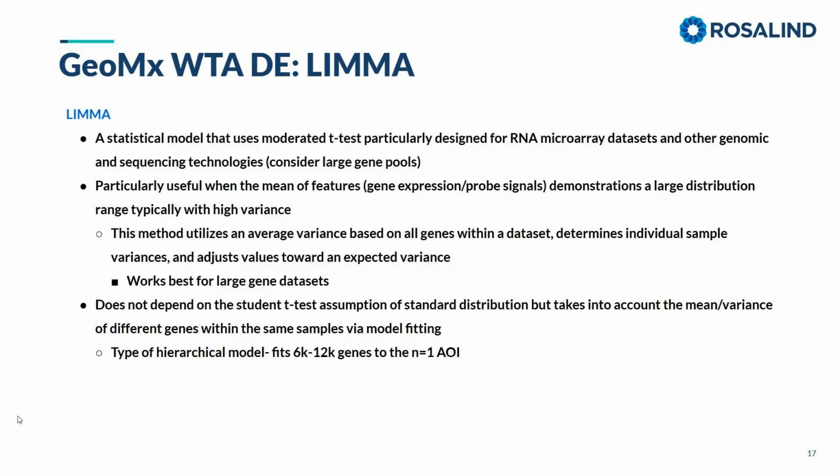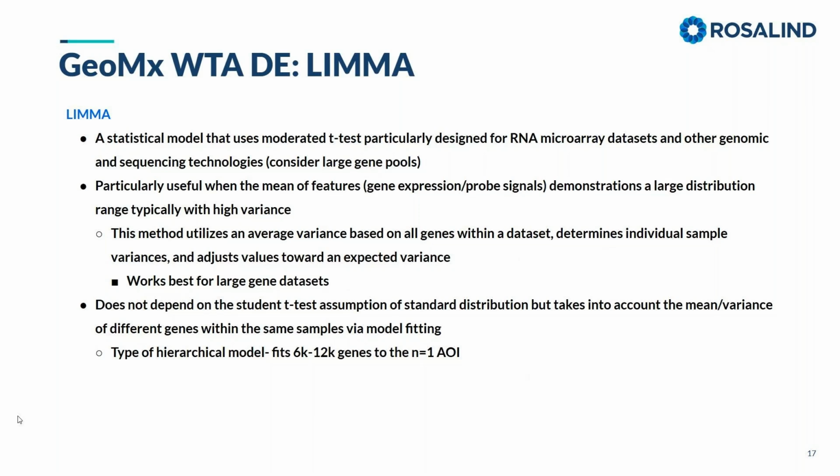So this method utilizes an average variance based on all genes within a data set. It determines an individual sample's variance and adjusts the values towards an expected variance. So it's a really fancy explanation, but essentially this works very, very well for large gene data sets.